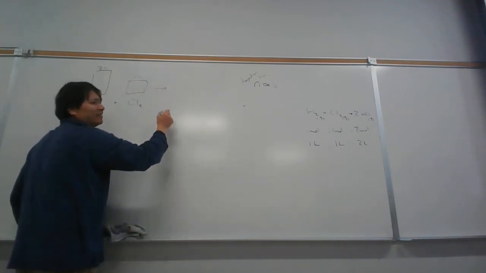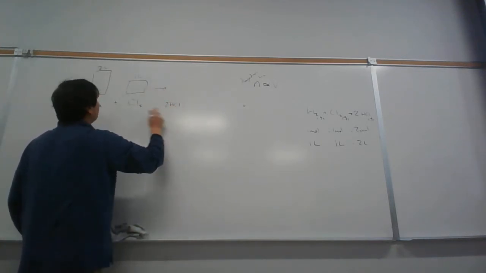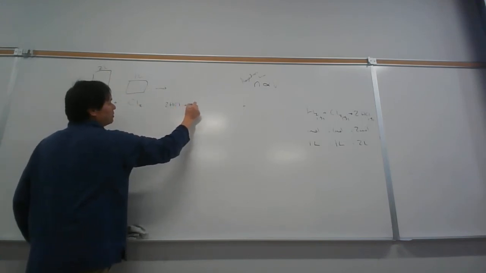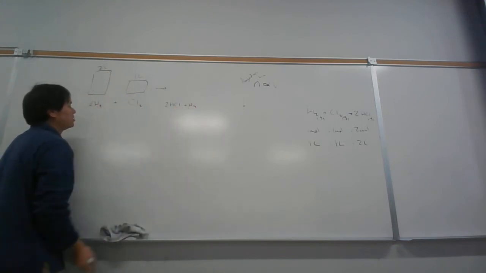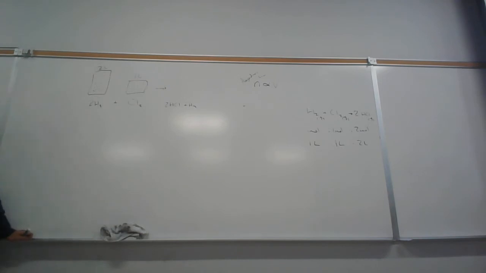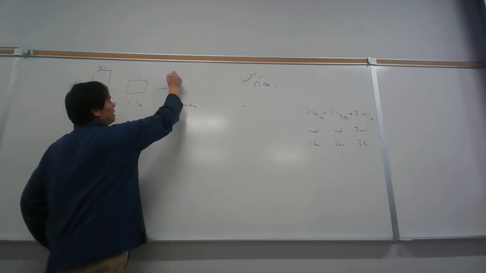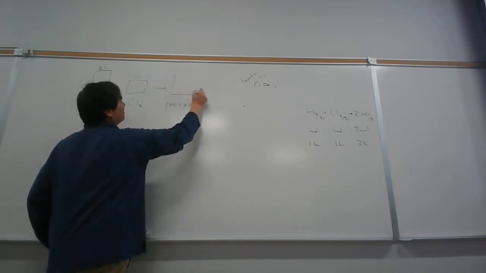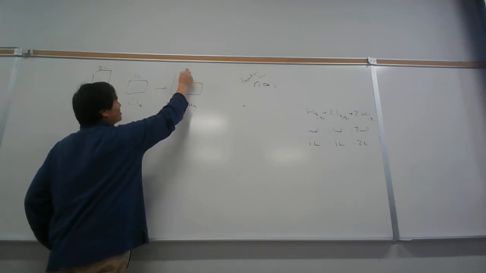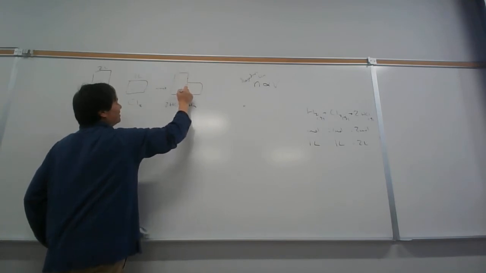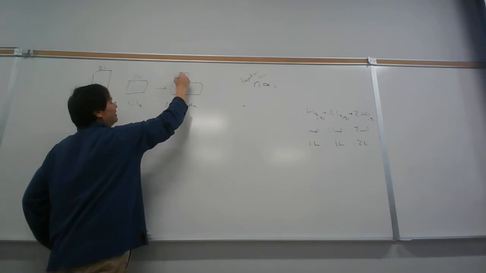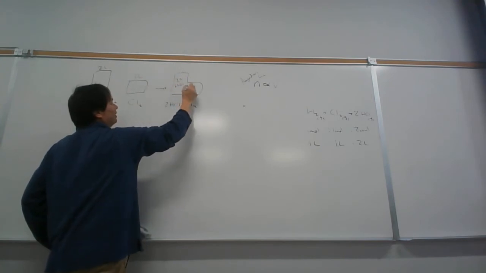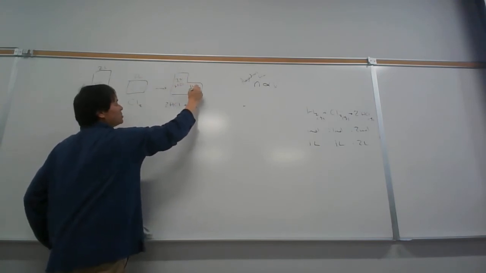When I react these, I'm going to get 2 HCl's as before, but one of the H2s is not going to react, so I'm going to have excess hydrogen remaining. So how many liters should I have at the end of this? I should have 2 liters from the HCl, and I'm going to have 1 liter from the extra hydrogen. So this is my 2 liters of HCl, and I'm going to have 1 liter of unreacted hydrogen.